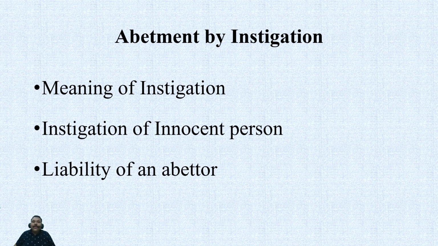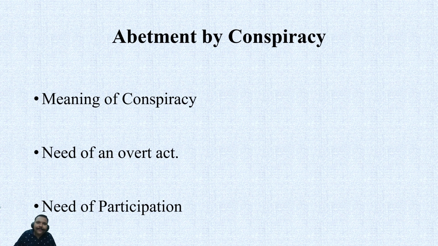If some harm is caused but not the offense that I instigated, my liability will be slightly more. But if what I abetted was actually done, then my liability will be at par, equal to the principal offender. So that is what we call liability of an abettor.